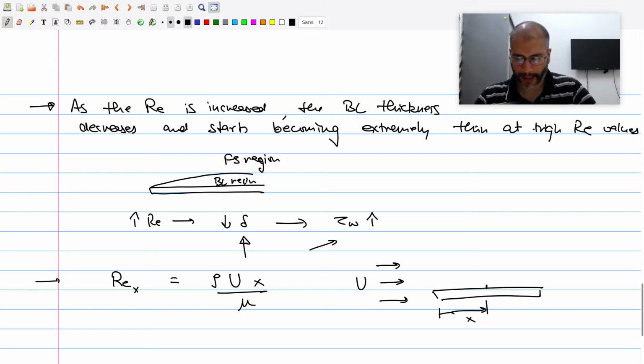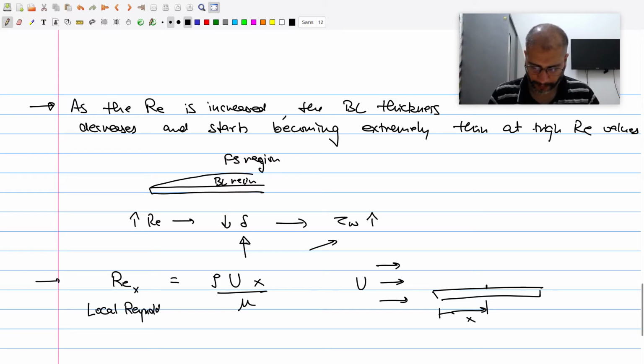So this is again how we define the Reynolds number, and that's in our control. This Reynolds number we call the local Reynolds number. It's called local because it's based on a distance x which changes as you move around, rather than using some size dependent on the solid body size.